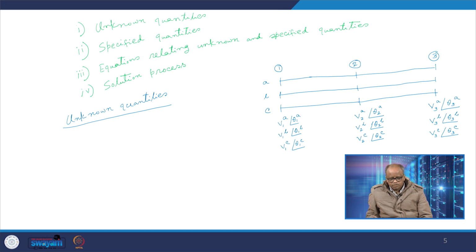So for each bus there are basically 6 quantities: the angles of phase A voltage, phase B voltage, phase C voltage, as well as the magnitudes of phase A voltage, phase B voltage, phase C voltage.